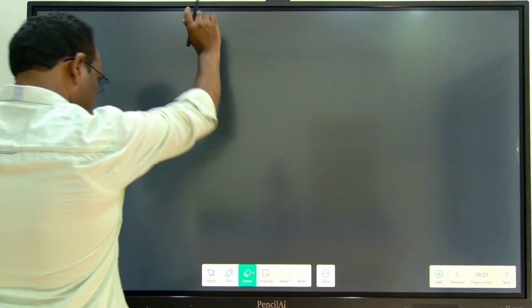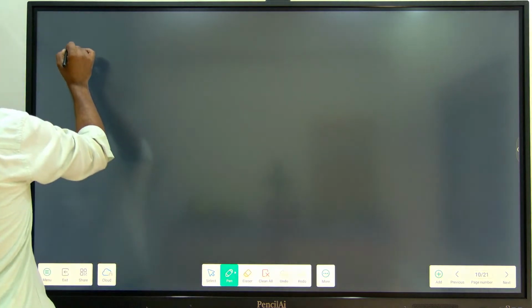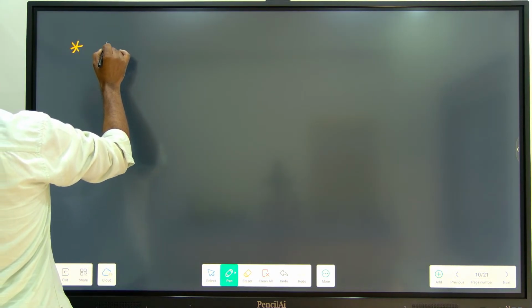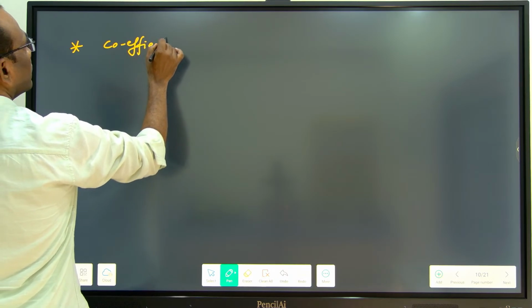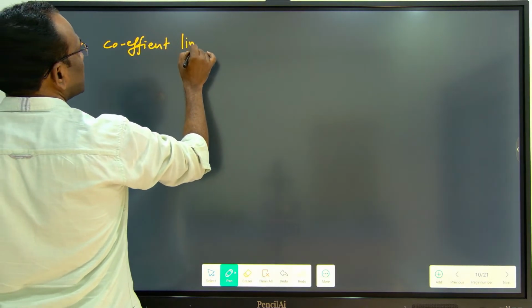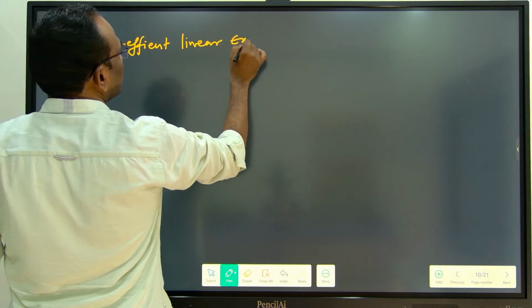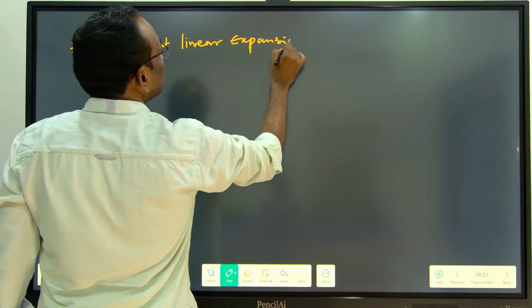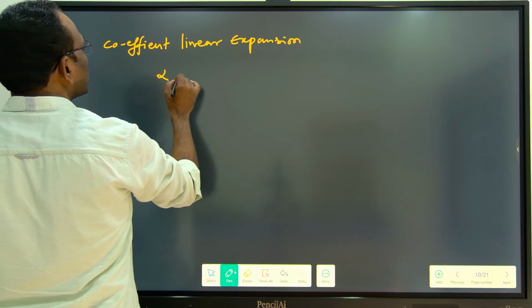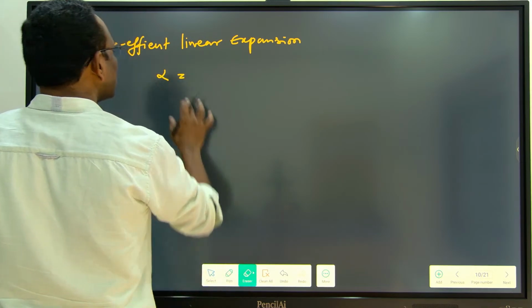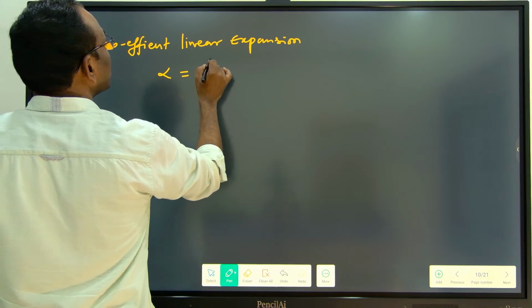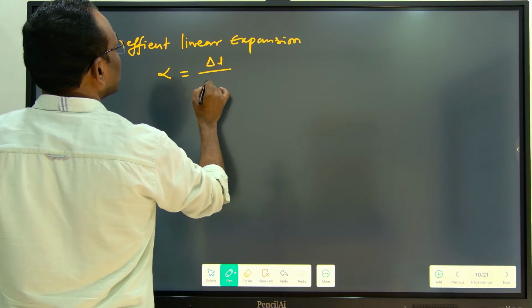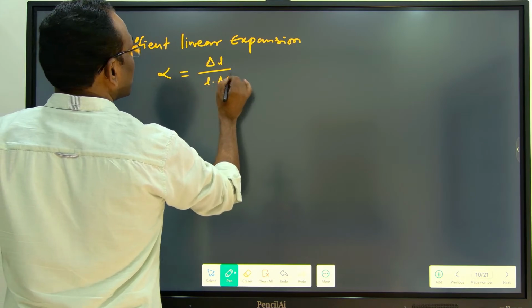Now use the coefficient of thermal expansion, the coefficient of linear expansion. We know the formula. Alpha equal to delta L divided by L into delta theta.